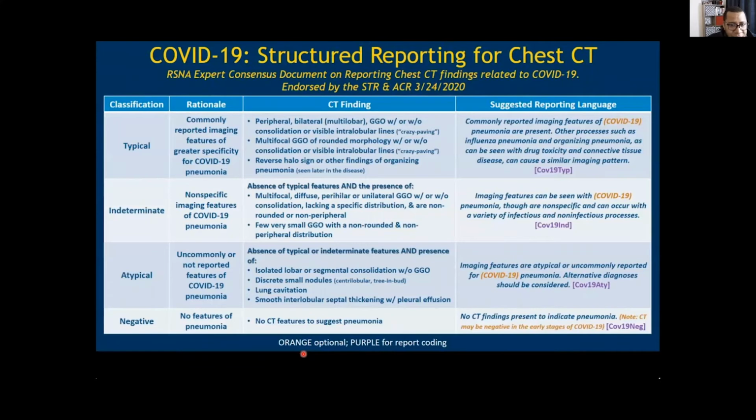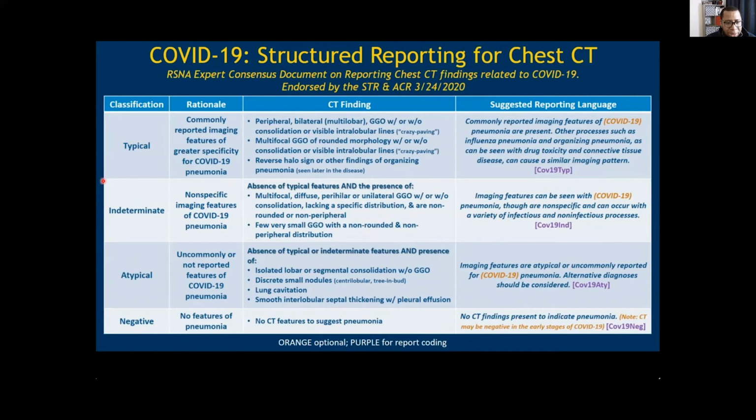So based on this, actually this study was led by one of my colleagues, Scott Simpson, who provided a lot of the images for this talk. This was documented by the RSNA in the US, also endorsed by the STR and ACR, that came up with a suggested reporting language, right?